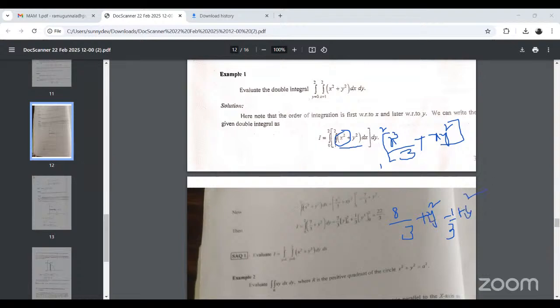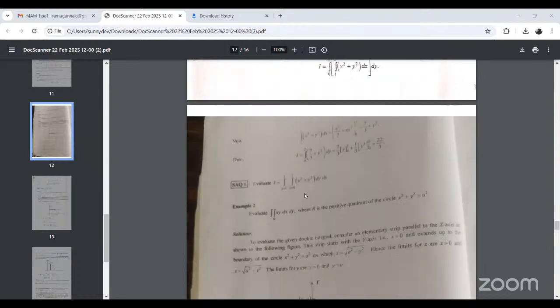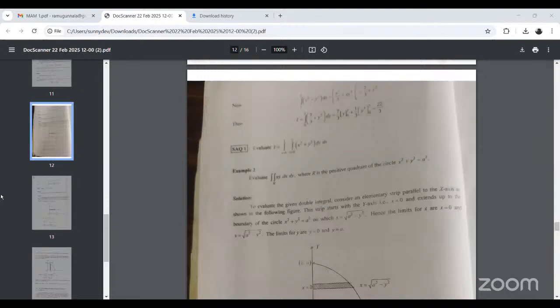So this becomes 7 by 3 plus y square. The printing in the PDF is not clear. At this stage we have to integrate 7 by 3 plus y square, which becomes 7 by 3 into y plus y cube by 3, since the integration of y square is y cube by 3.